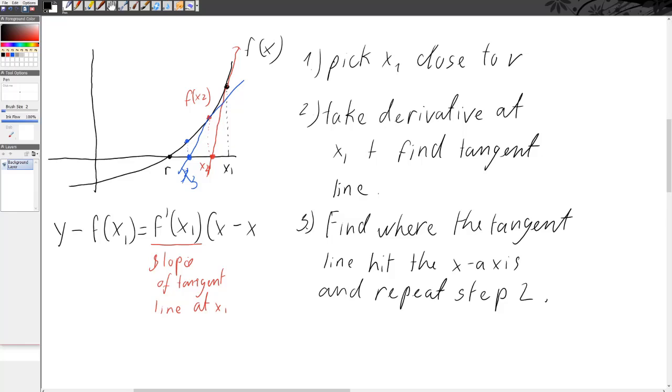Then x minus x1. If we want to solve for x2, well, then we plug the point x2 back in. At x2, y is equal to 0. f prime of x1 times x2 minus x1. We solve for x2.